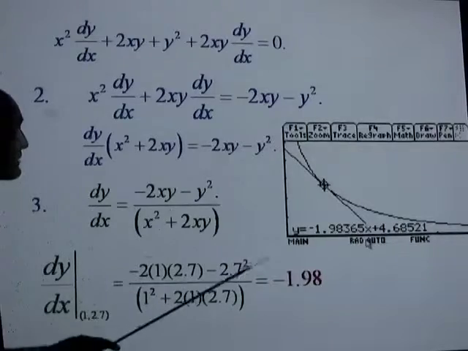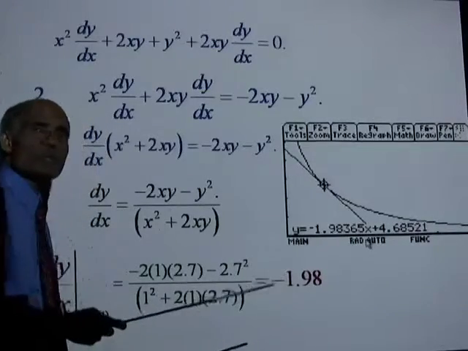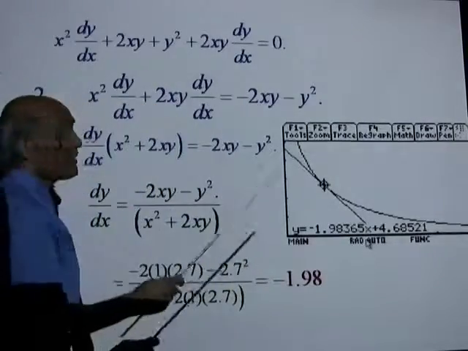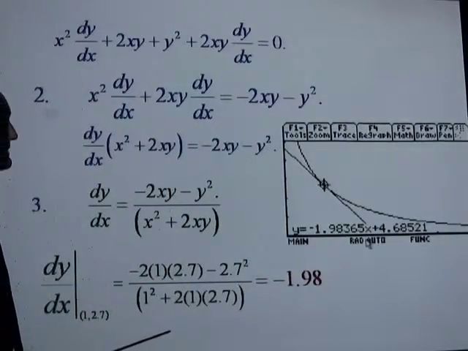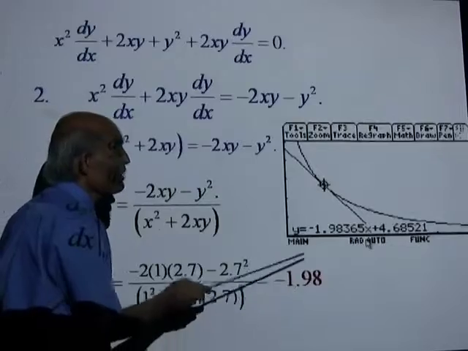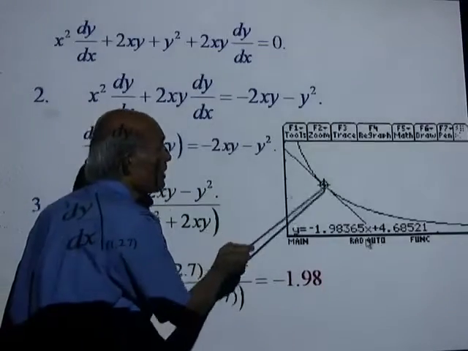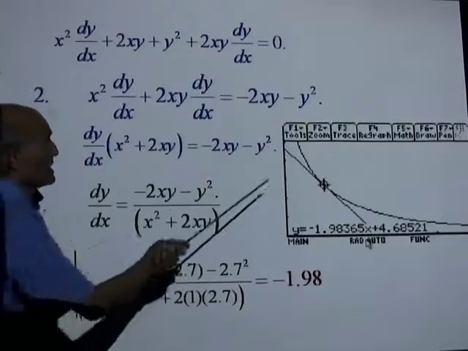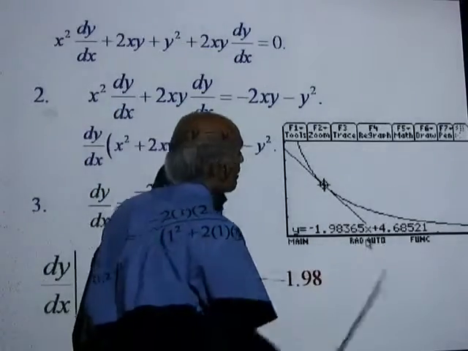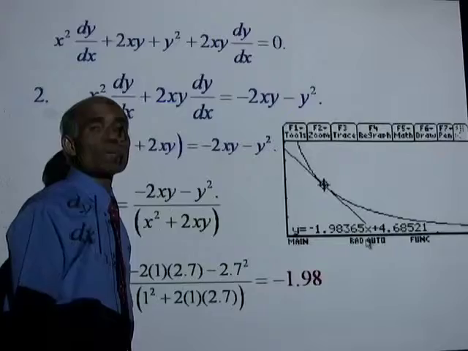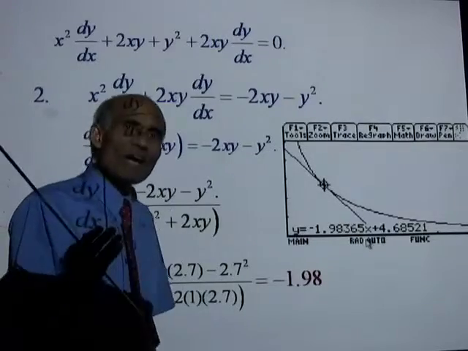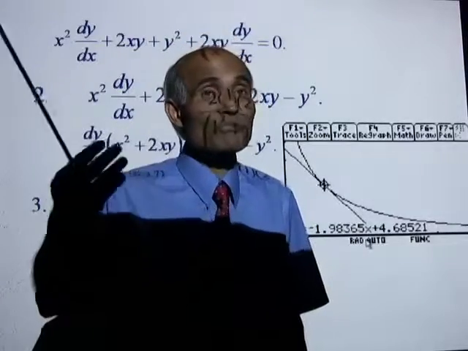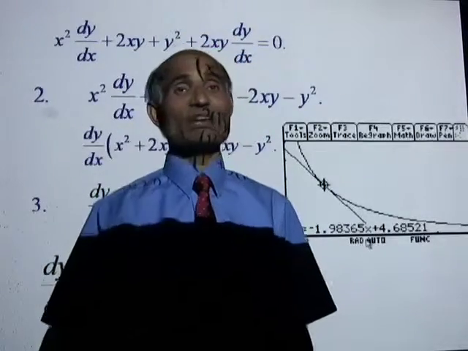And what is the significance of this? What does it actually mean? It means if you draw a graph of the given function, negative 1.98 will be the slope of the tangent line drawn at this point. Now I have drawn the graph of the given function. How do you draw the graph? First of all, you need to solve for y from there in order to put it in your calculator.